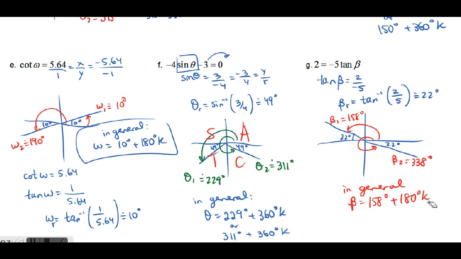So the reason why this works, basically, is if you learned about sequences, if you were to create the sequence of numbers here, 158 is a solution, 338 is a solution, and the next one would be 180 higher, so 158 plus 180 plus 180 again, 518, etc. So this is an arithmetic sequence, and it goes up by 180 each time.